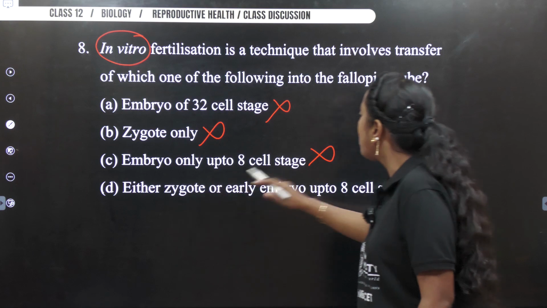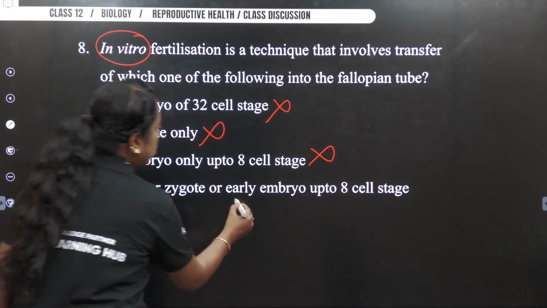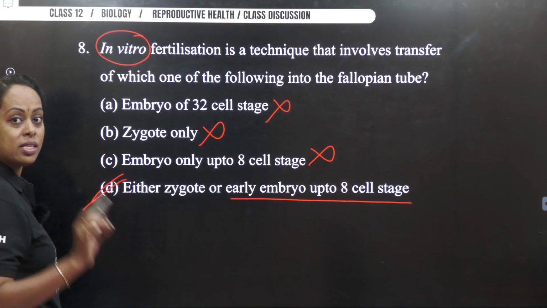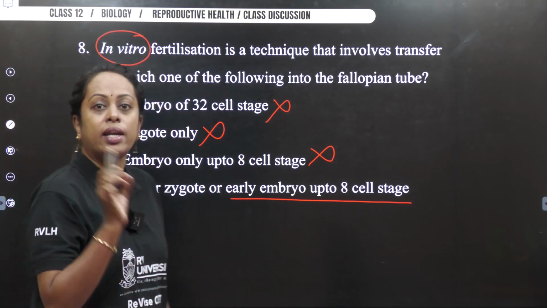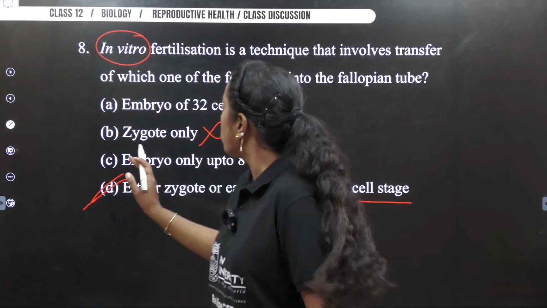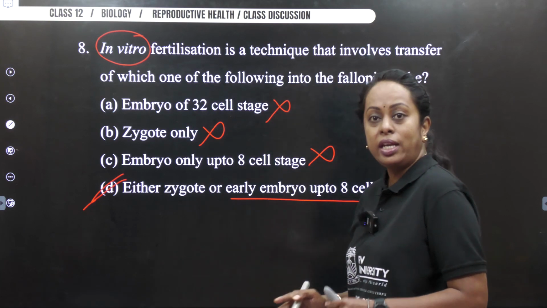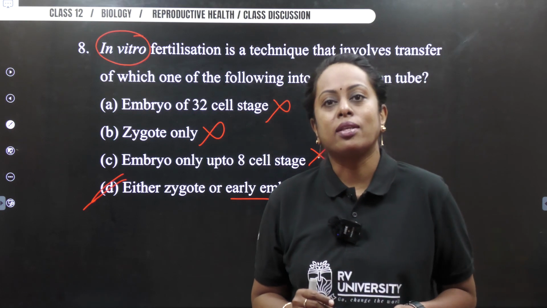Because you also have an option, either the zygote or early embryo. So I am going to mark this as the answer. Now please understand, if option D was not present, then we would have selected option C as the answer. So our option becomes option D for this particular question. You need to understand which is the most closely related answer for the question.